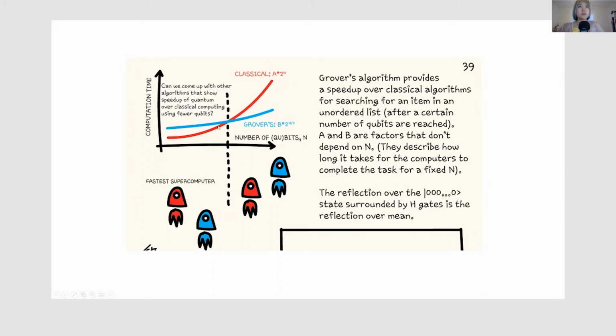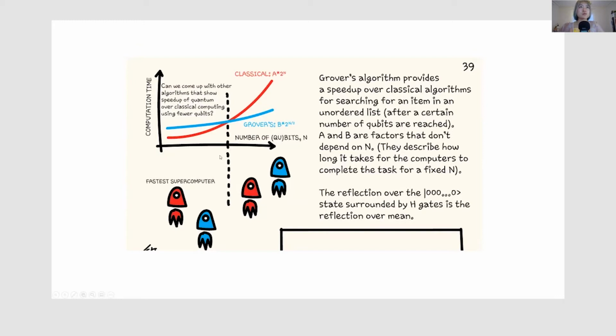Then at first, if you have a small number of bits, it may not be a speed up. So this is something that we have to keep in mind, that this algorithm would be advantageous once we reach certain qubit numbers.